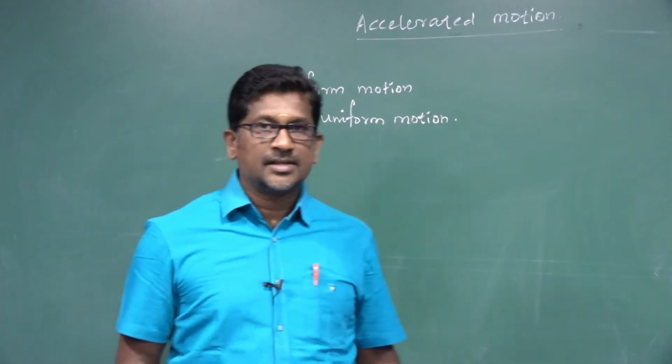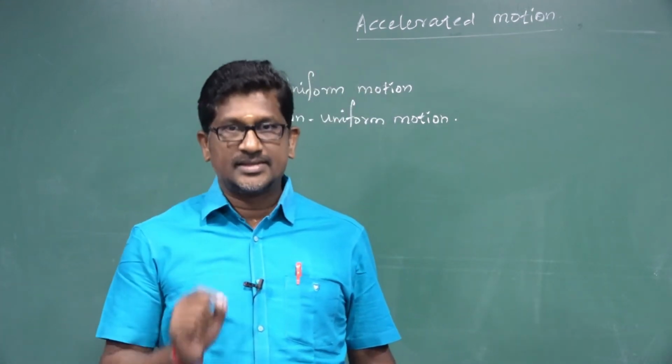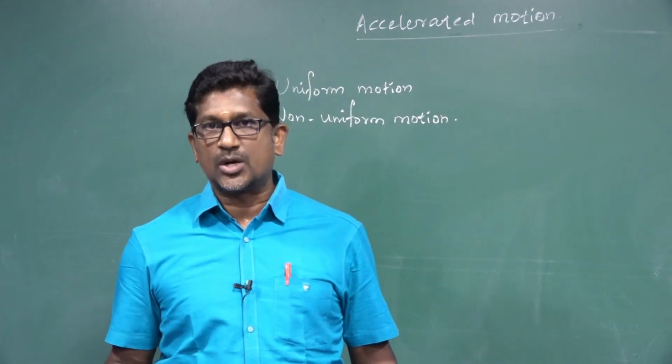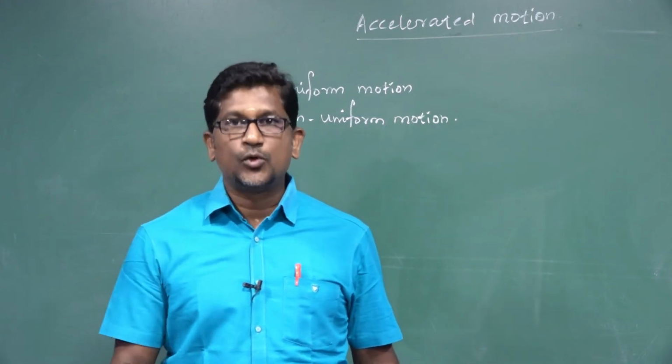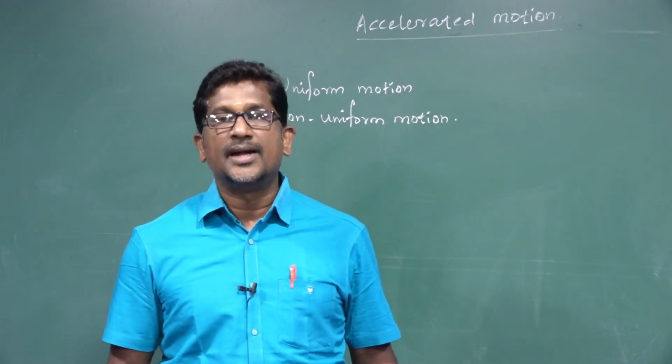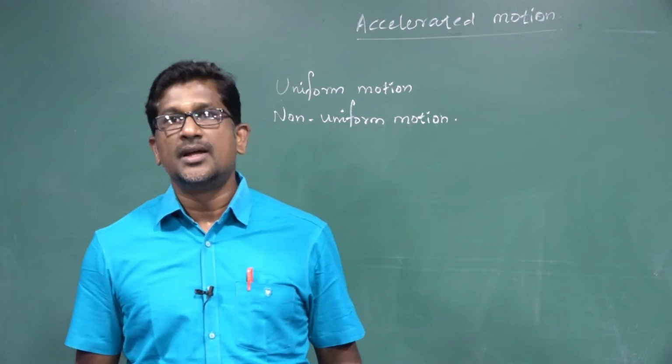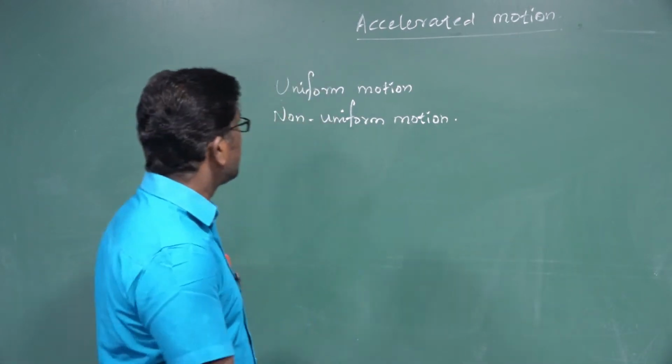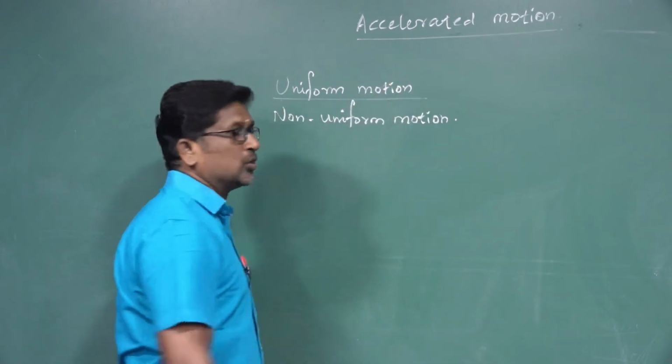Motion means the position of the particle changes with respect to time or with respect to surrounding. There are two types of motion, uniform motion and non-uniform motion. First we go for uniform motion.